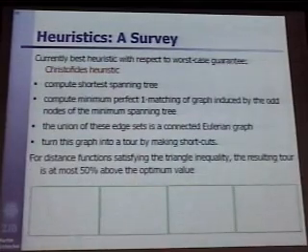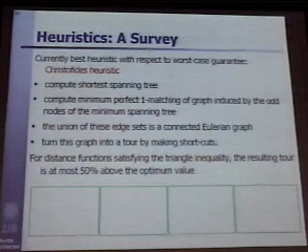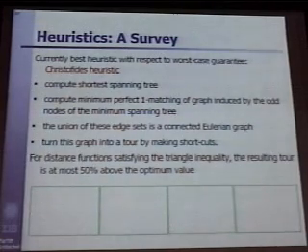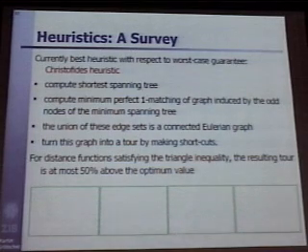Now, I would like to give you an analysis of one heuristic. That is, for the time being, and now for 30 years, the best heuristic with respect to worst case behavior. Worst case behavior is the following. Here's the optimum, and you would like to prove that all solutions are within a certain percentage of the optimum, okay? When you run the heuristic, it's only, say, 100% away from the optimum.